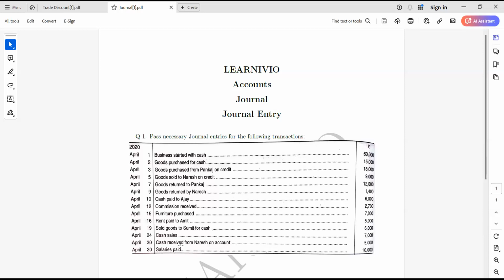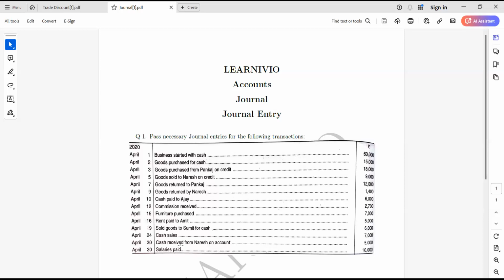And remember one more thing: in any entry, first you have to see the real account. The first preference is given to real account, the second preference is to nominal account, and in the last we write personal.